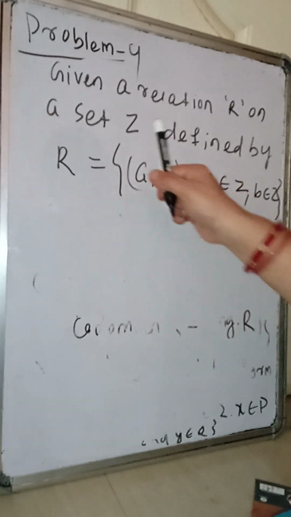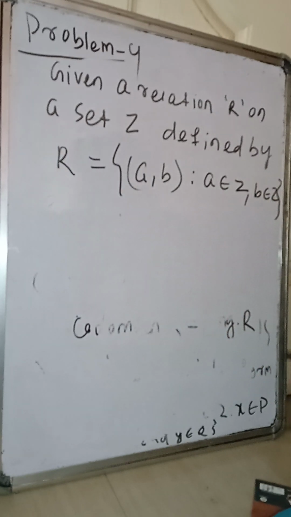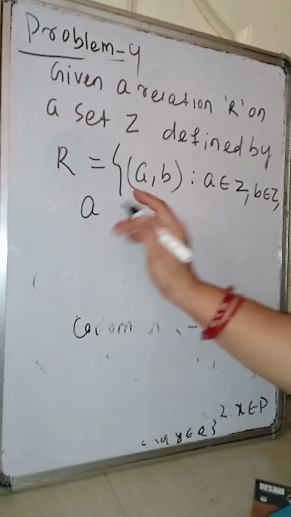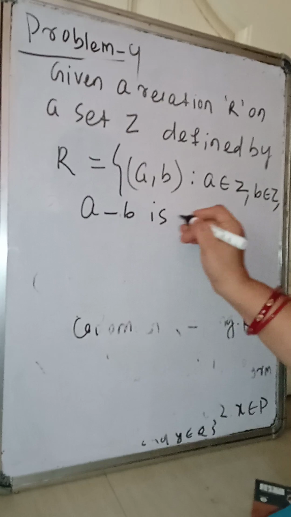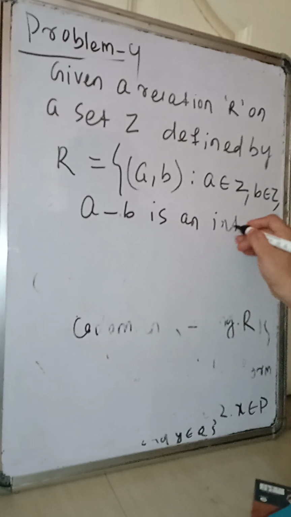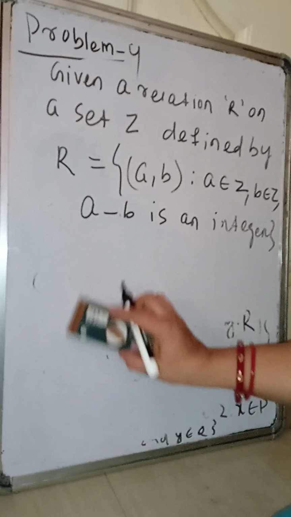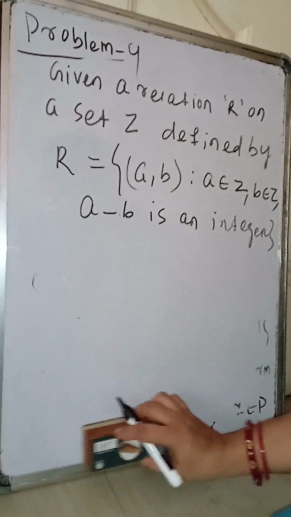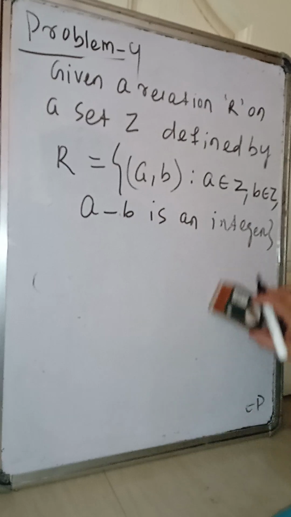So it is a relation on set Z, such that A minus B is an integer. Now you have to find the domain and codomain or range of the relation.